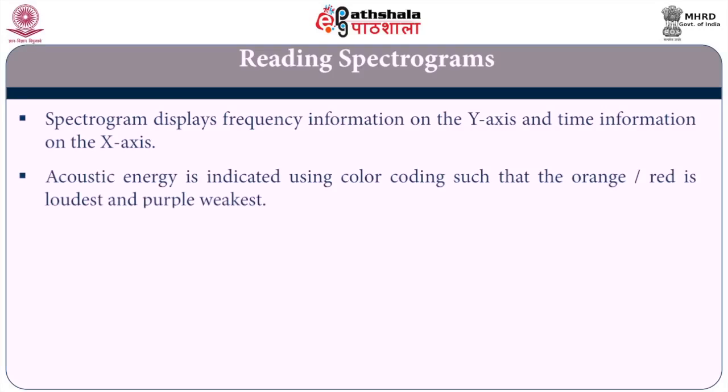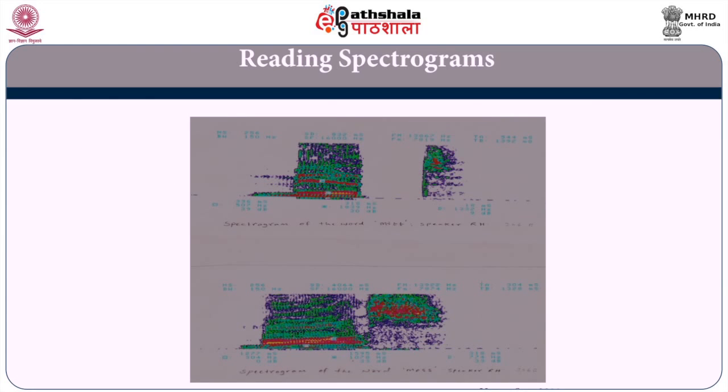Acoustic energy is indicated using color coding. Since I am going to show you color spectrograms, you have to know that red or orange indicates loudest, that is acoustic energy is maximum in the area marked by red, and purple is the weakest. Please remember this when you are looking at the spectrograms.